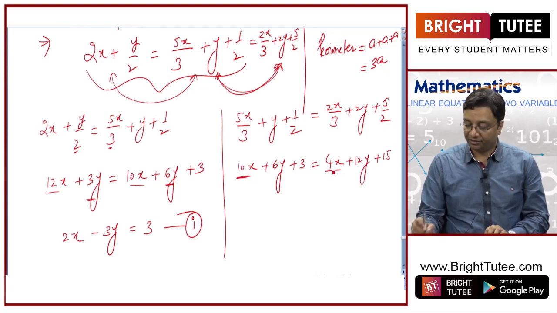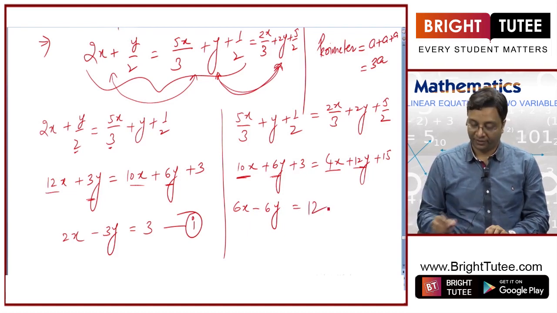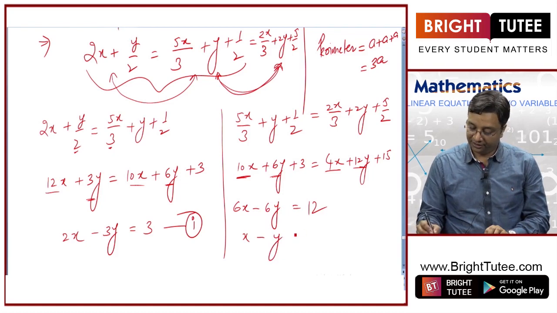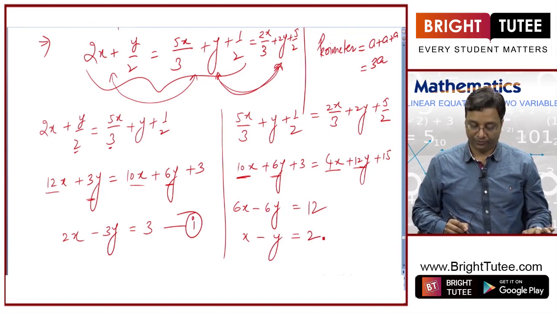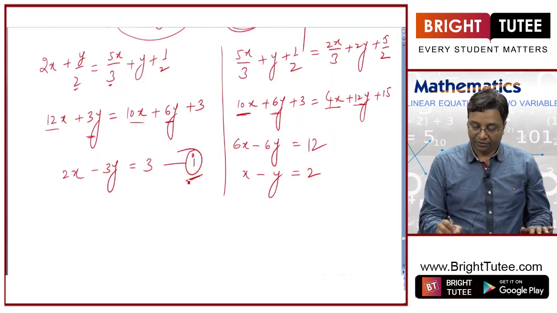Okay, 10x minus 4x is 6x, 6y minus 12y is minus 6y and this 3 can be taken on the right hand side, which will become 12. So x minus y is equal to 2.